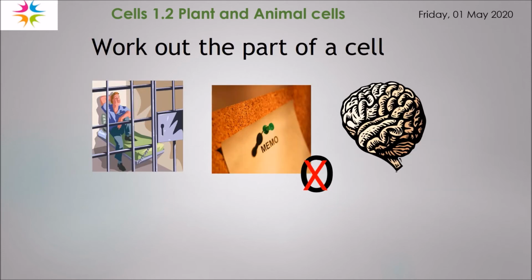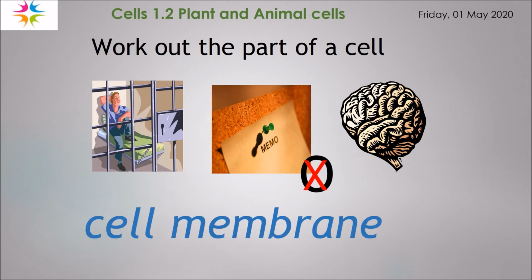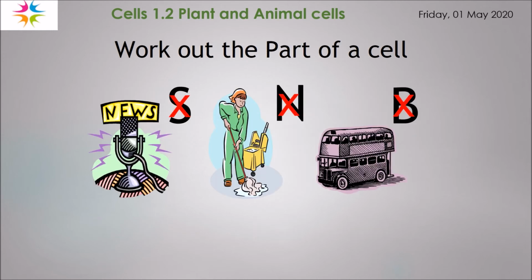And here are some word puzzles. Can you work out which part of the cell these three pictures make? Okay, so cell, mem, brain. This is a little bit more tricky. Which part of the cell is formed by these three pictures?